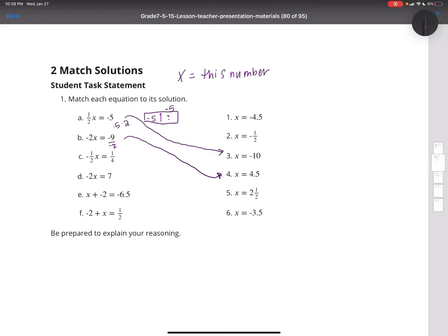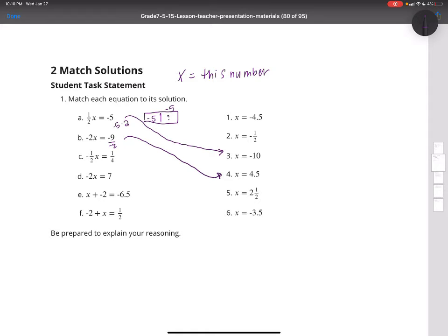All right, let's move on to the next one. For part C, it says -1/2 x is equal to 1/4. I notice that my product not only got smaller, but it's positive. Which means this number has to be negative, because a negative times a negative is equal to a positive.